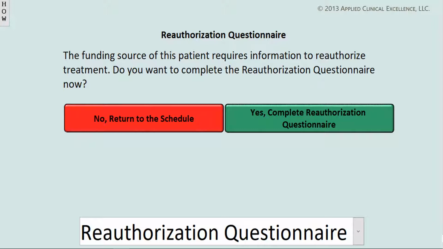When the user attempts to exit the questionnaire before completion, ACE will alert the user that all of the data will be deleted and ask the user if they're sure they want to exit the questionnaire. It is best to ensure that you have adequate time to complete the reauthorization process from start to finish before beginning the process.